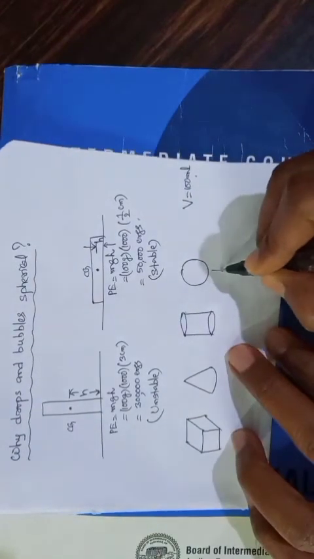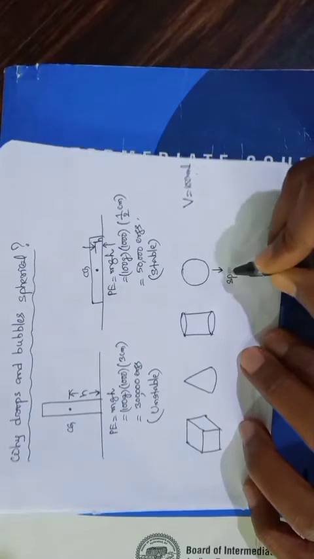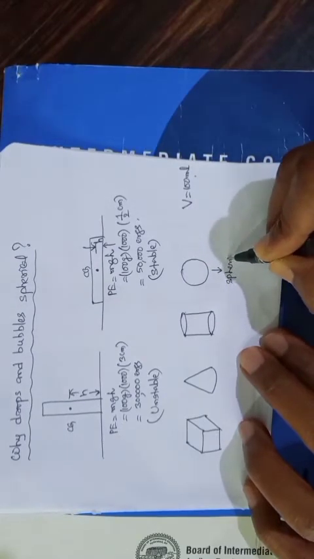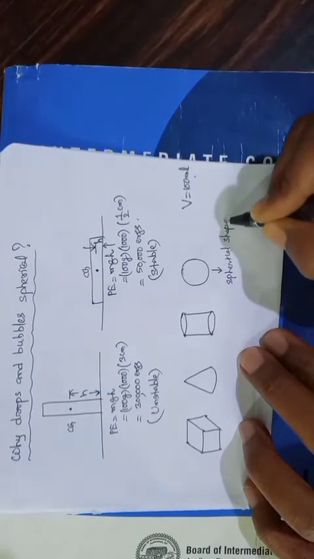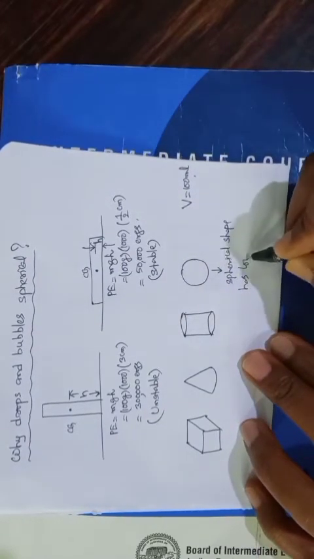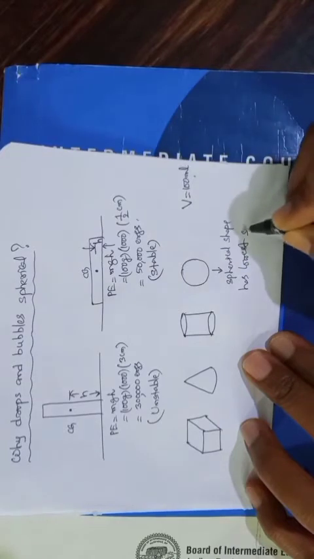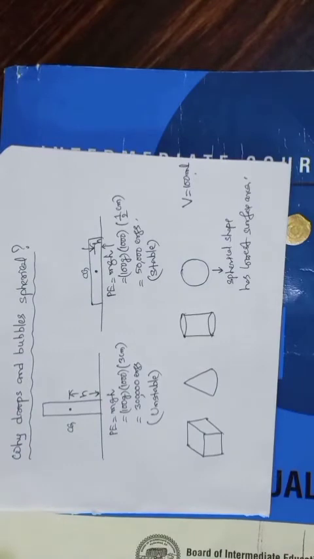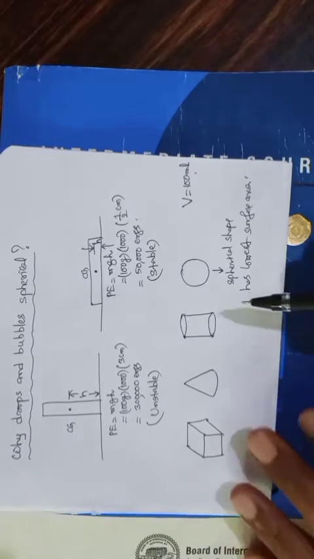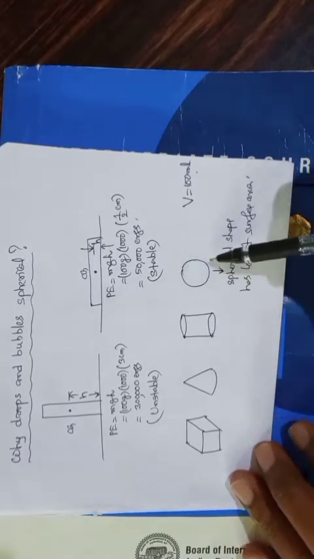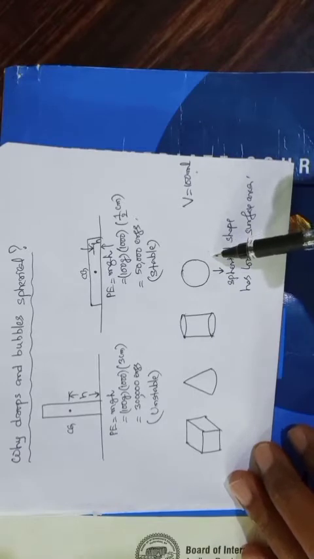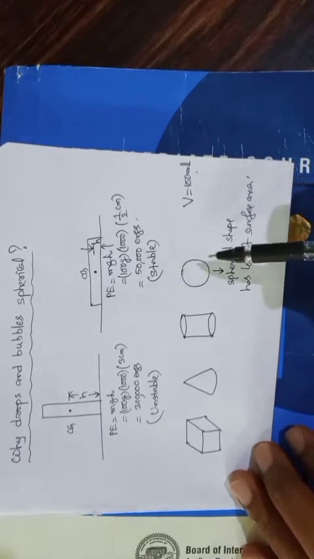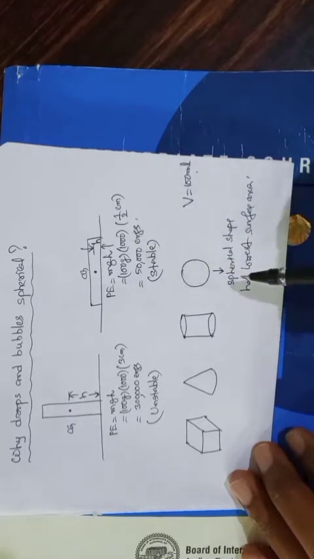This sphere, spherical shape has lowest surface area. Okay. So, the surface molecules possess some extra potential energy, and that extra potential energy must be as low as possible to be stable.